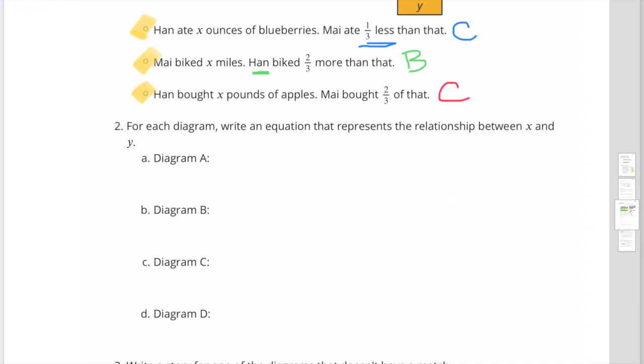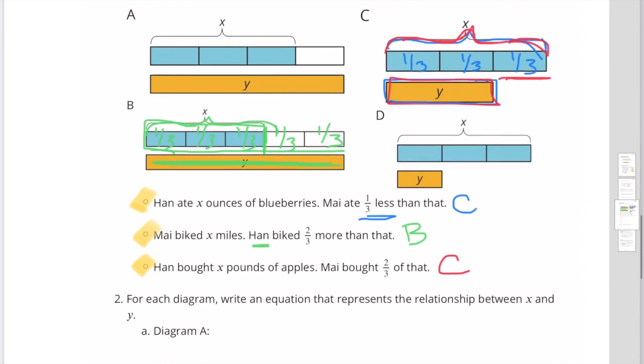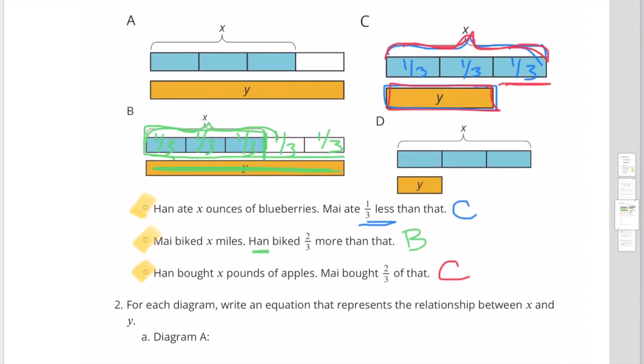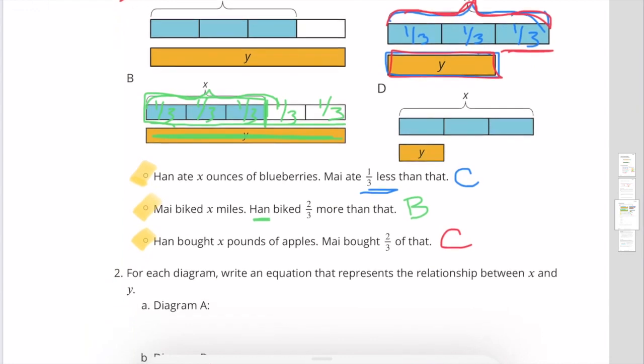Okay, so number 2, you're writing an equation for each relationship between X and Y. So what would be an equation that we could write for situation A? Diagram A. Okay, so we see that X takes up 3 blocks, so that would be in thirds. And Y takes up 1/3 more than that.